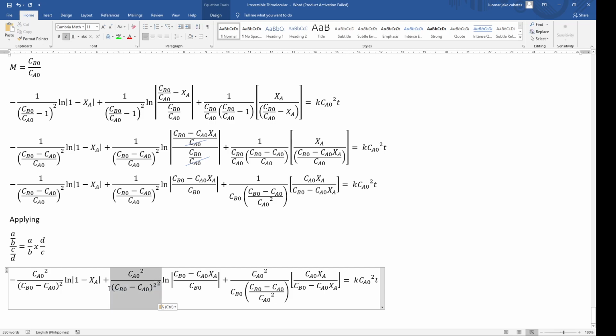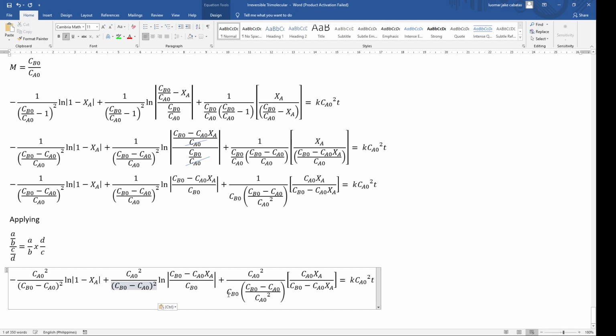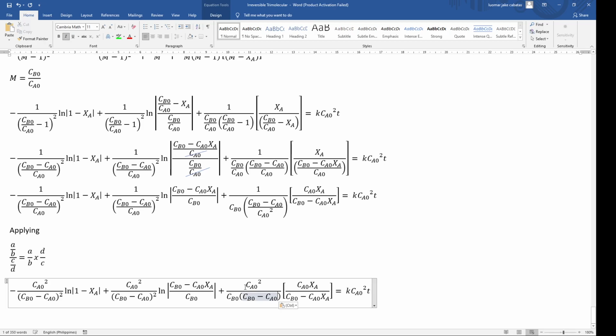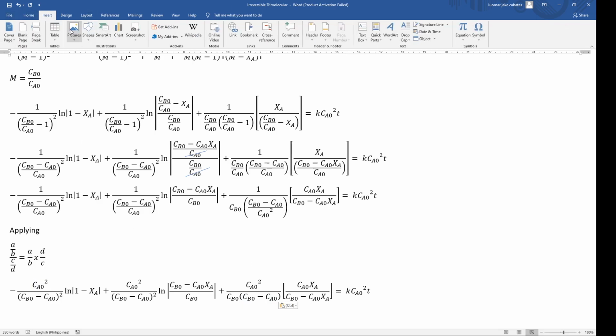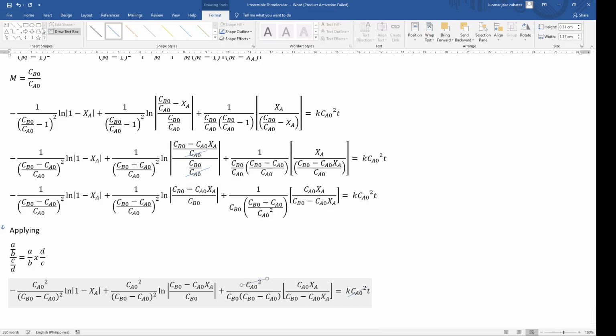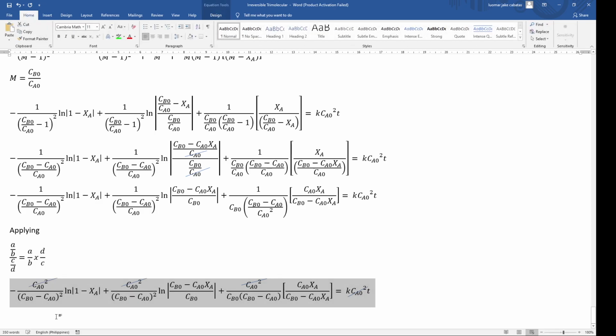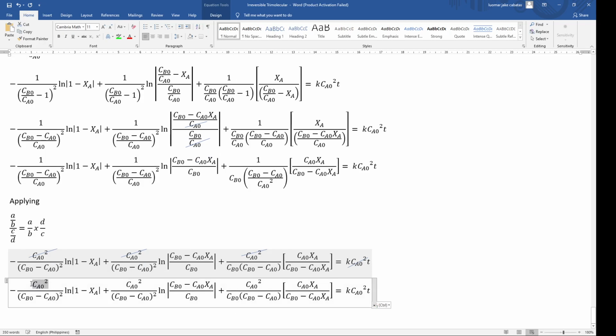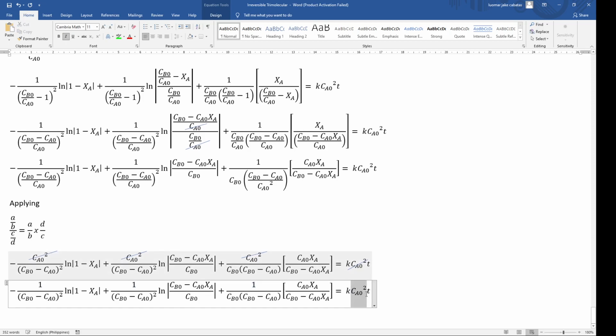And since similar man sila to each term, we could just cancel them out because on the opposite side we also have C_AO squared. So we are left with 1, 1, 1.